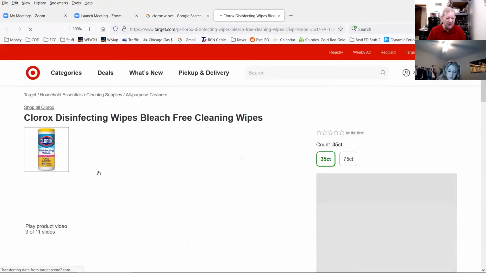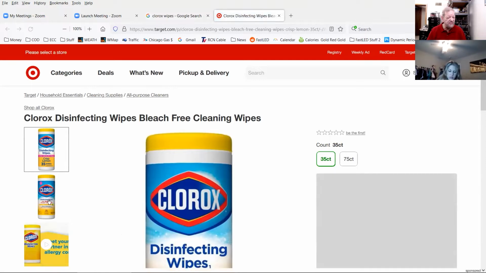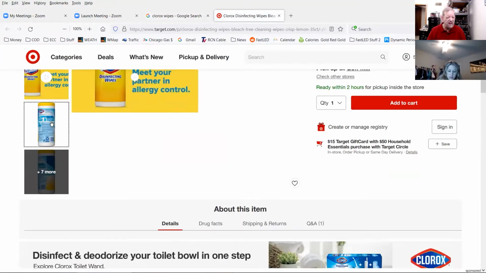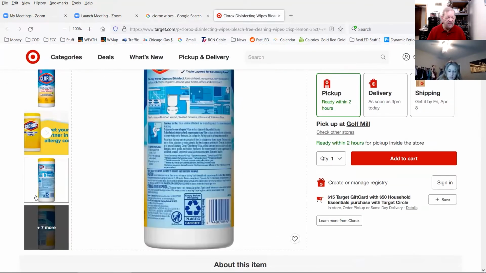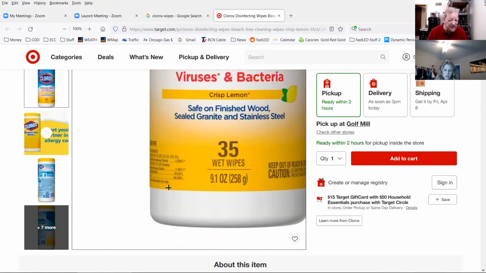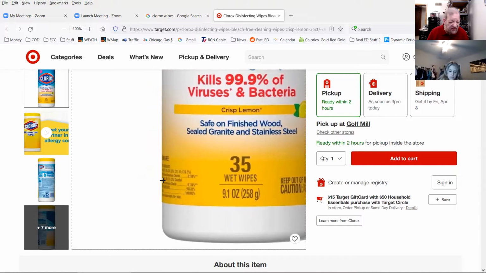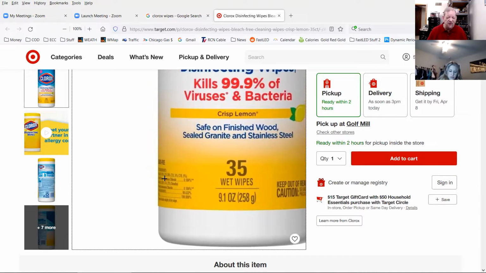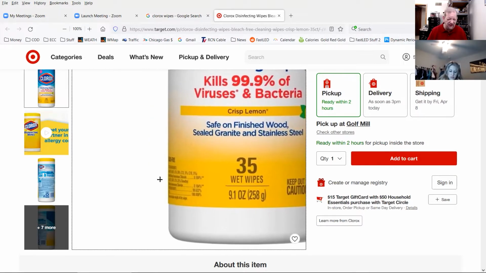And let's take a look at this. I don't see the ingredients, but if you look on here, it's hidden right here. You can see the name of different quaternary ammonium salts right here.